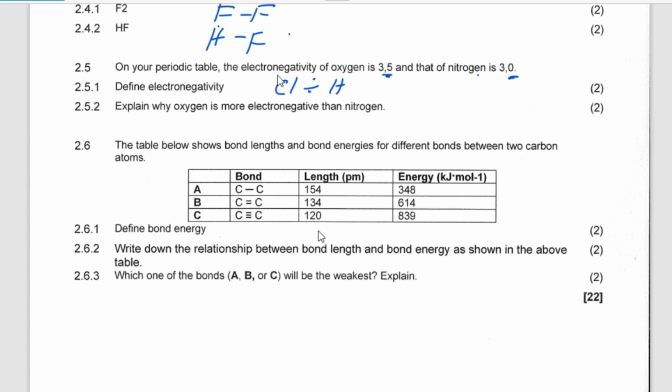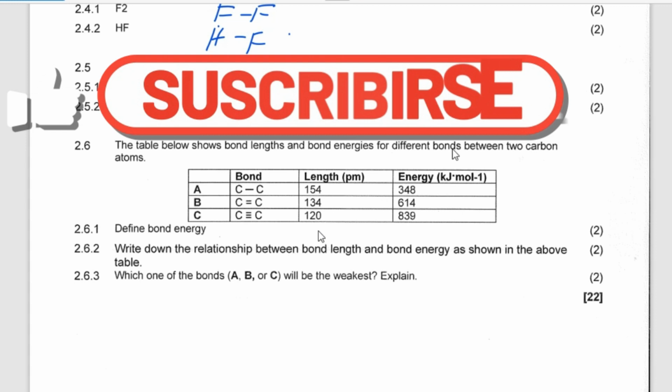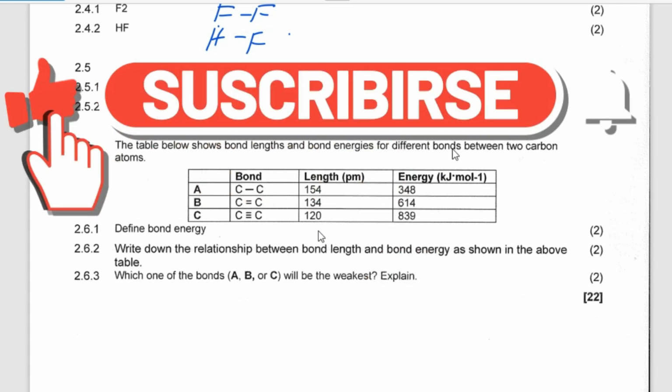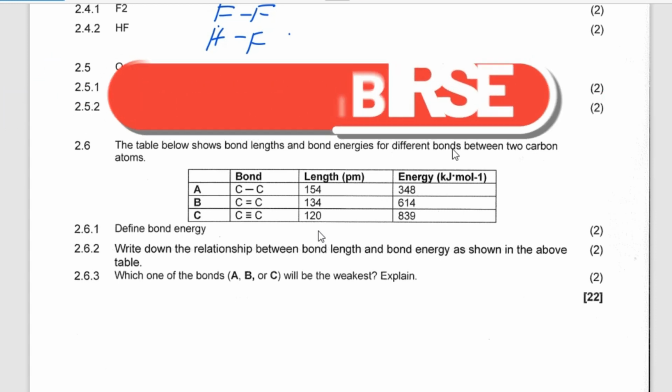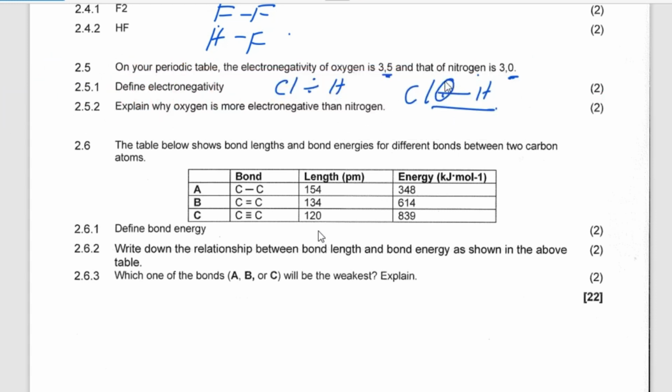Because this one has the ability to pull the bonding pair of electrons toward itself, that ability is what you call electronegativity. And I gave you an example of father and mother, who loves money most. People were saying that mother loves money most. Therefore, the money is pulled to the side of the mother. So basically that is the power of this atom to pull the bonding pair of electrons toward itself, which is what you call electronegativity.